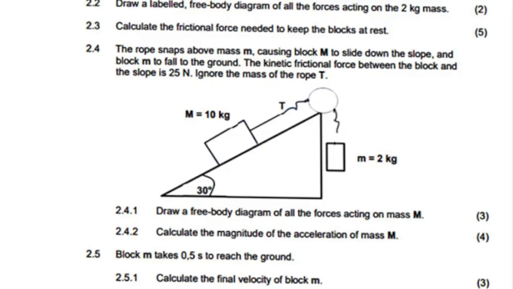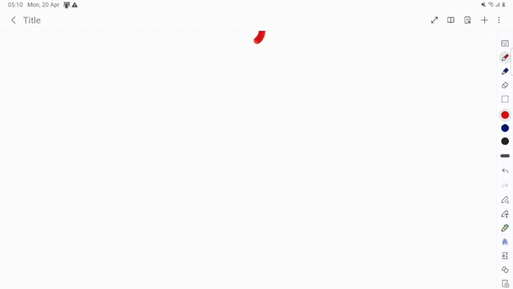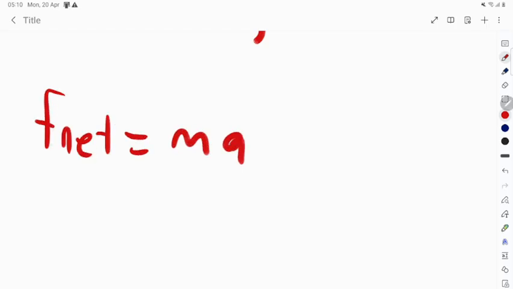Okay. Calculate the magnitude of the acceleration of mass m. So this is when mass m goes down the incline, when it slides down. F net is equal to ma.